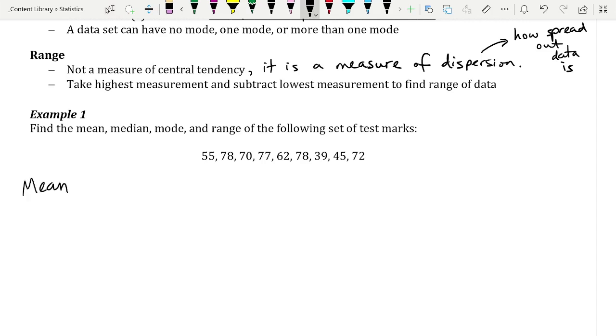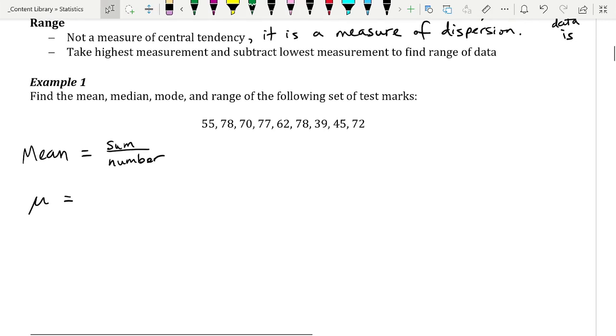Mean has a formula. And the formula, you can see from your new formula sheet, they just put it in words. They say it's the sum of all the data divided by the number. Would you like a formula for it, like with symbols? Here's how a statistician would actually write it. First of all, is this a sample or a population? I don't know, so I'll just assume it's a population. So mu is equal to, how do you say the sum? There's a Greek letter that we use for sum.